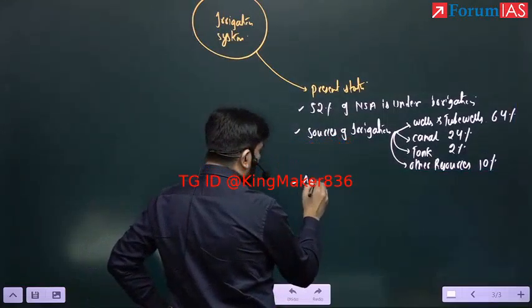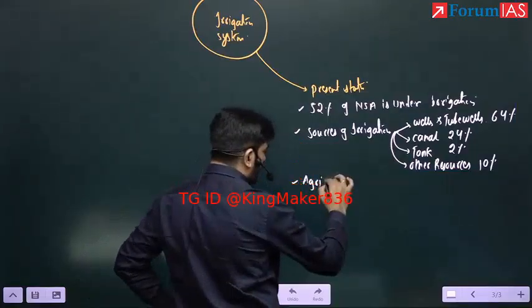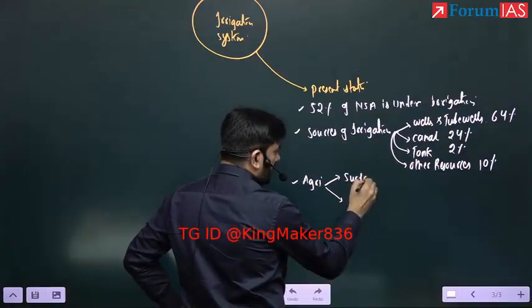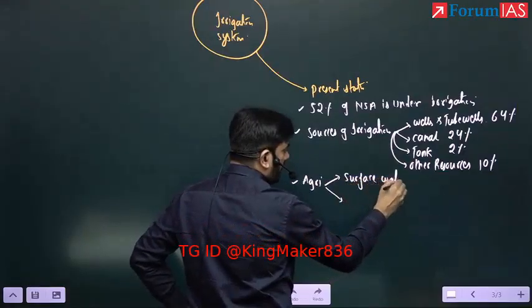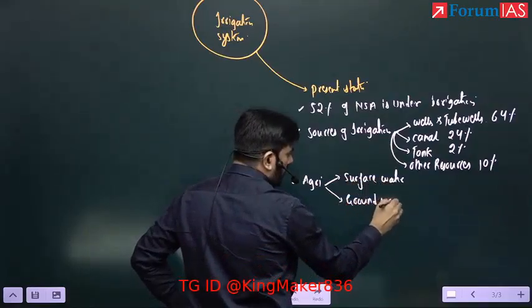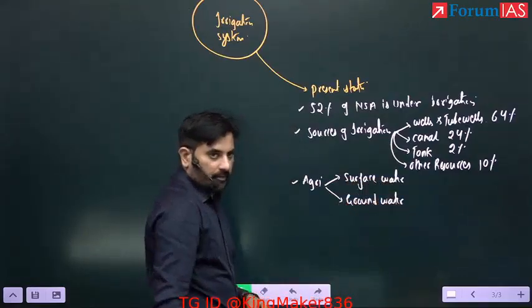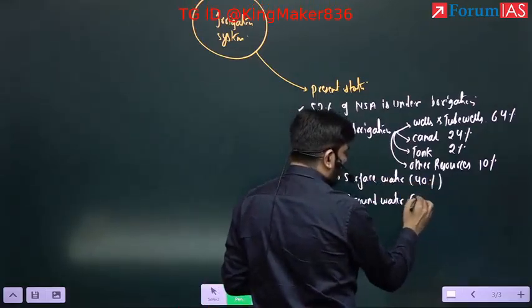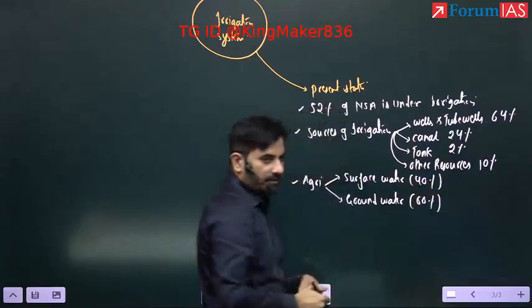I must have told you, in agriculture we can use either surface water or groundwater. The share of surface water is around 40% and groundwater is around 60%.